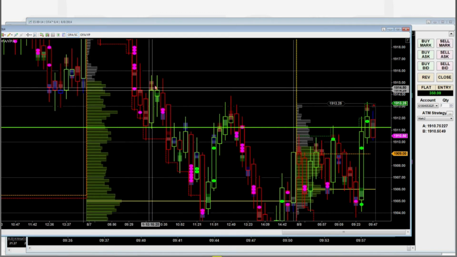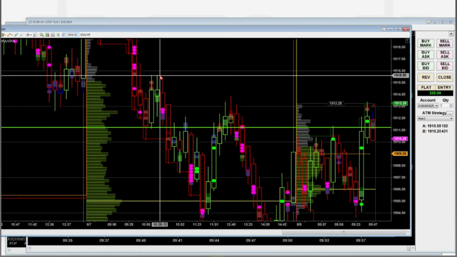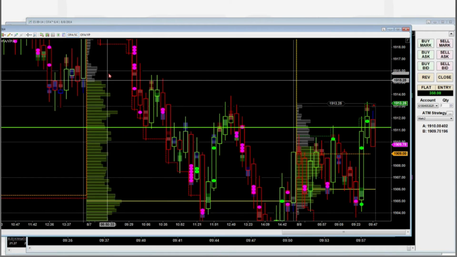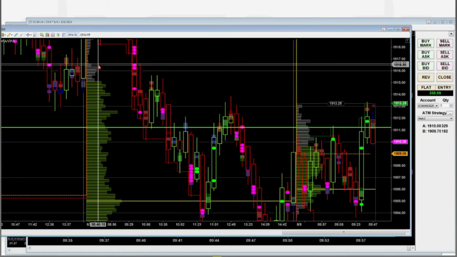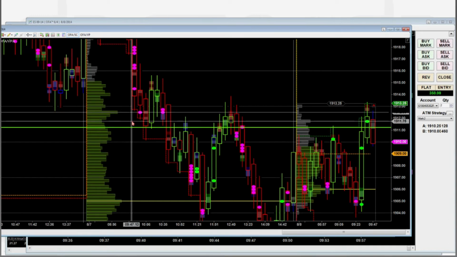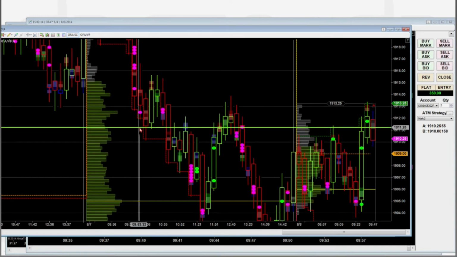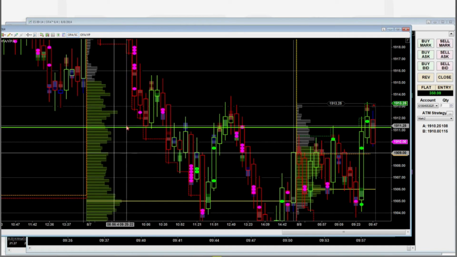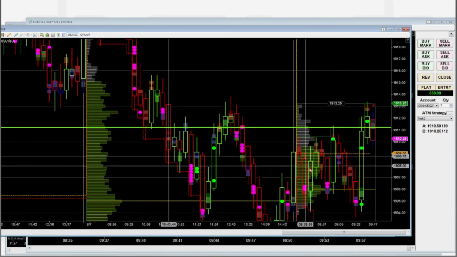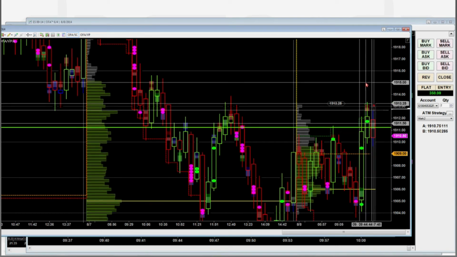Above 1250, and this was in my homework, I'm looking for this swing high up around the 15 level, right in front of this low volume area, and then potentially up in front of this. So I'm looking for this to go long.